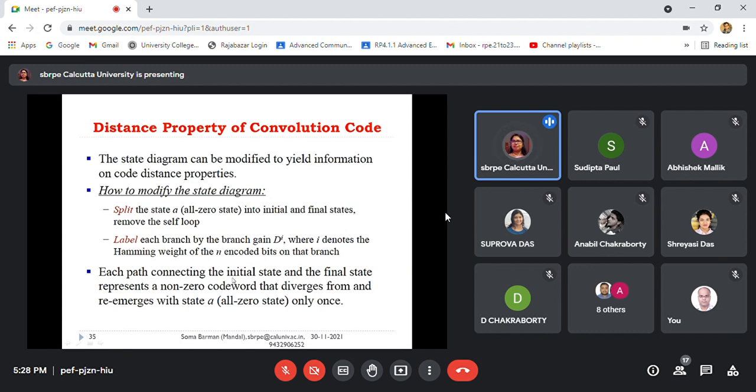Each path connecting the initial state and the final state represents a non-zero code word that diverges from and remerges with state A, or 0 state, only once. What is the meaning of that? You start from the initial state, and finally you reach the initial state 0, but a number of paths diverge from 0, and again you merge to the path.